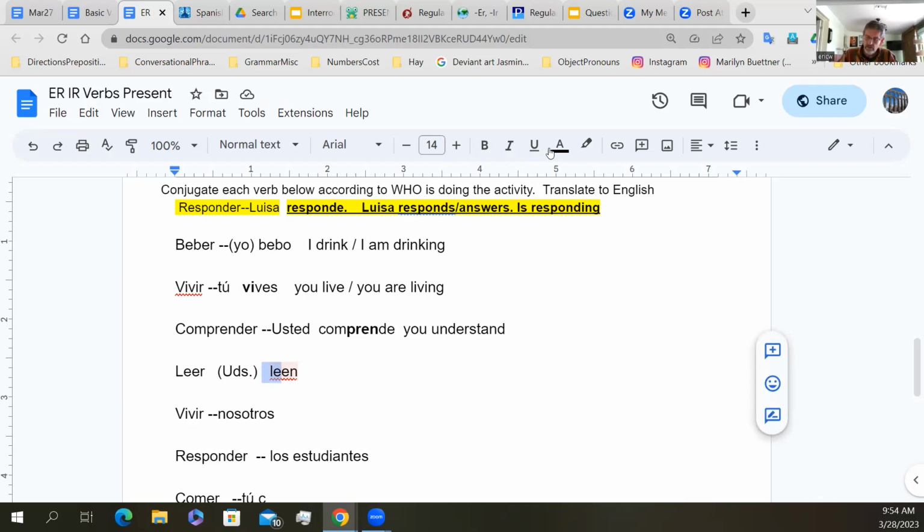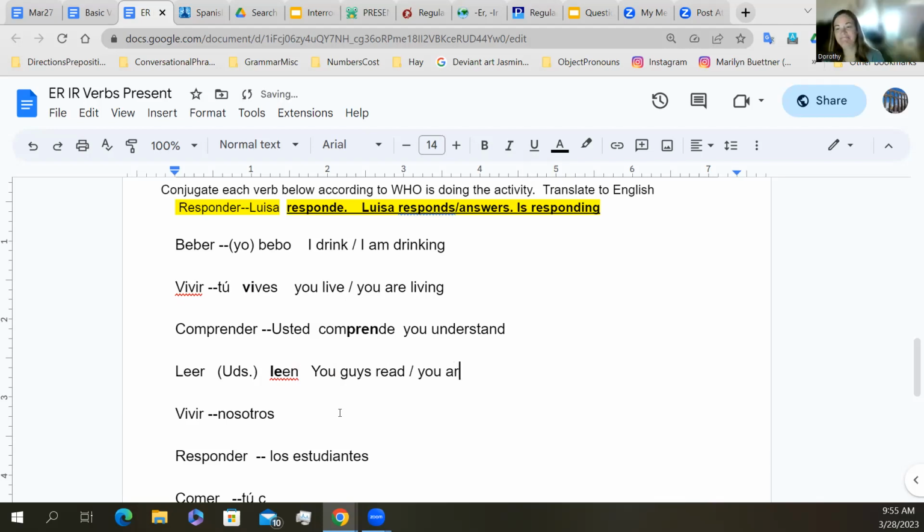And we punch this a little bit harder. Leen. And ustedes leen means you guys. Leer means to read. So leen means in English you guys read, or you are reading.